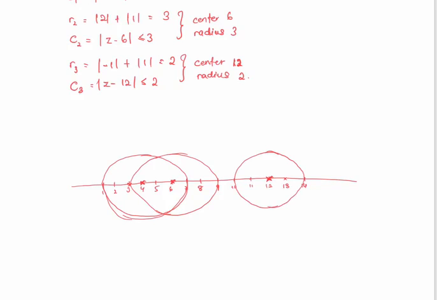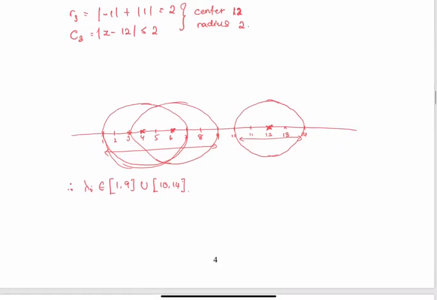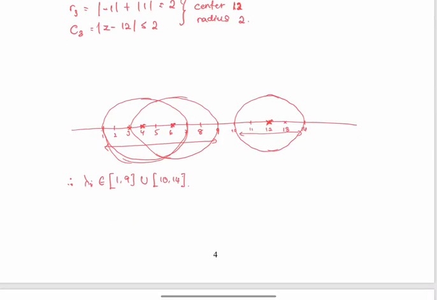So meaning that now our eigenvalues must be an element from 1 to 9, union of 10 to 14. And this shows that they are all positive.